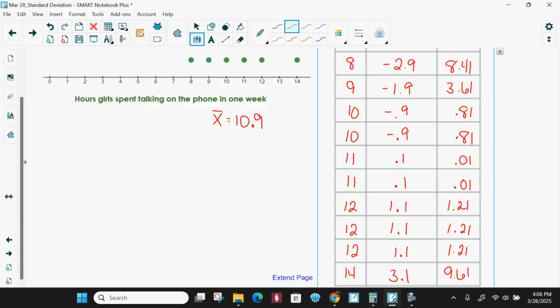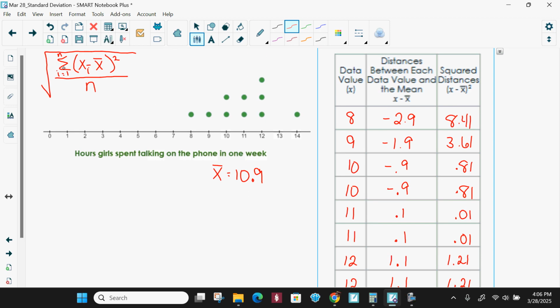Now, for the rest of the data, we have to add those together, divide by how many data we have, and then take the square root. So you're taking the sum of those squared distances and dividing it by the number of values. If you add this up together, you get 26.9.